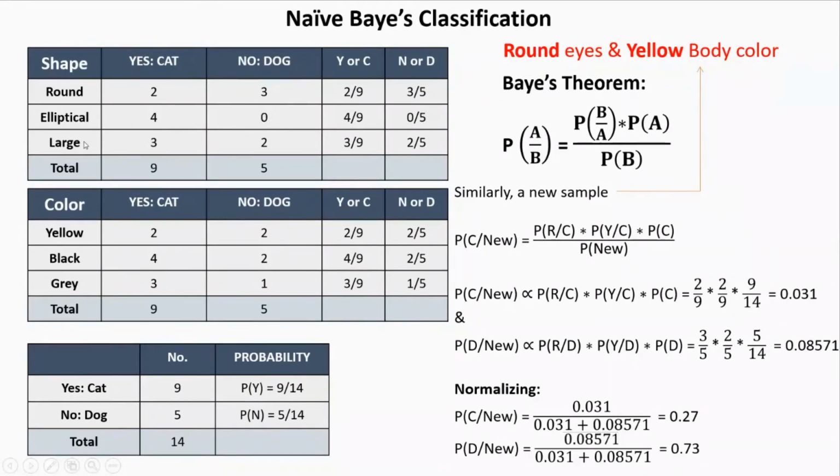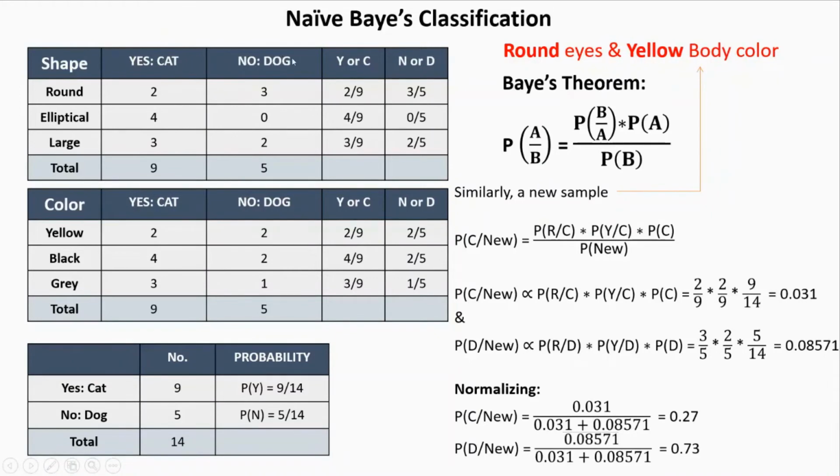Similarly, if the eye shape is large, then thrice you counted it as cats, and twice you counted it as dogs. Okay, so how many times in total on the basis of shape you counted cats? 9 times, correct. And on the basis of shape, how many times you counted it as dogs? 5 times.